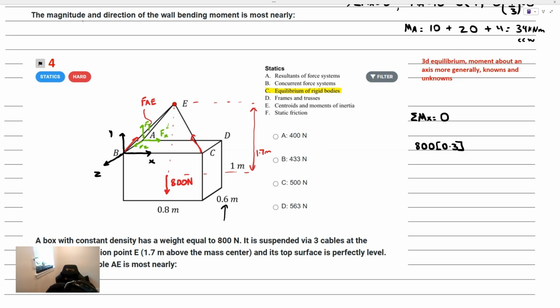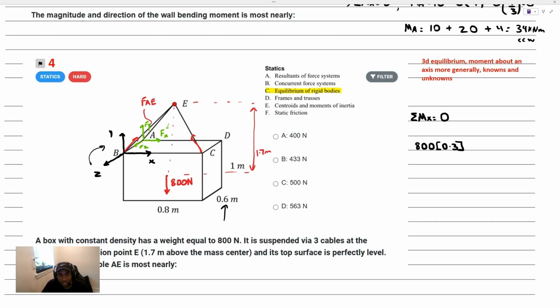That moment produced by the 800 is going to rotate around that axis in the negative x direction. Using the right hand rule, you can curl your fingers in that direction, and your thumb will be pointing in the negative x direction.